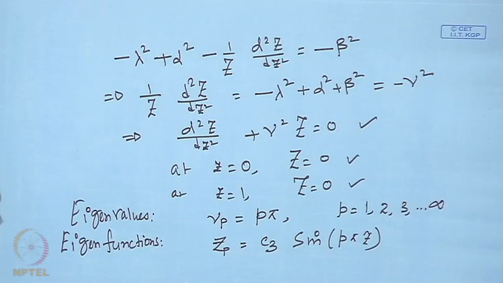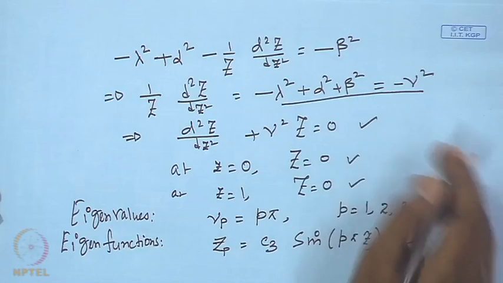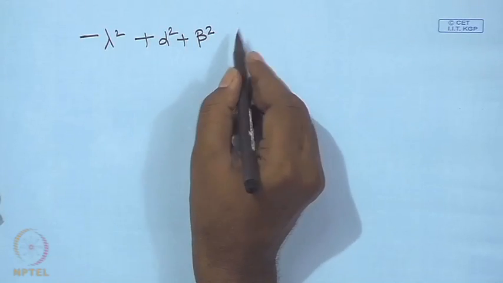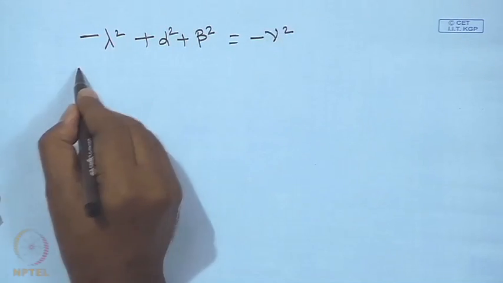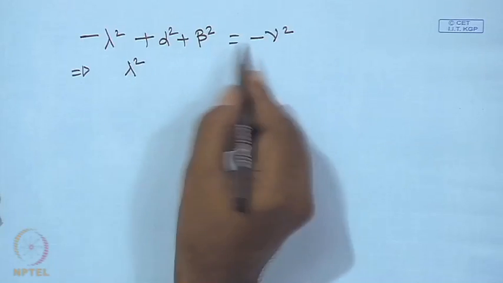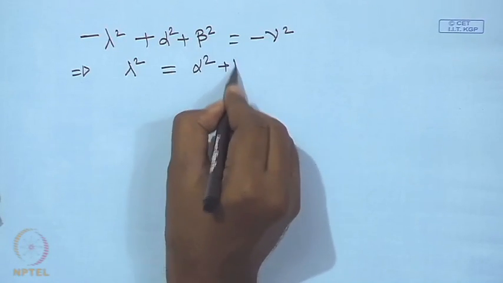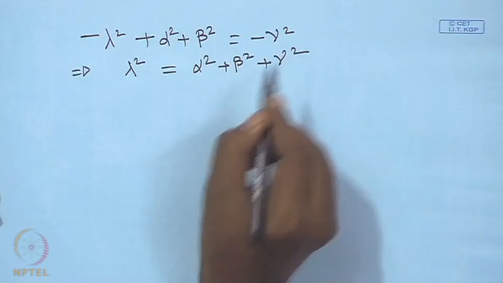Okay. So, these are the eigen functions, and now what is left is the time varying part, but before going into the time varying part, let us examine what this equation means. This equation means that minus lambda square plus alpha square plus beta square is equal to minus nu square. So, therefore, lambda square, you just change over the sign, is nothing but alpha square plus beta square plus nu square.